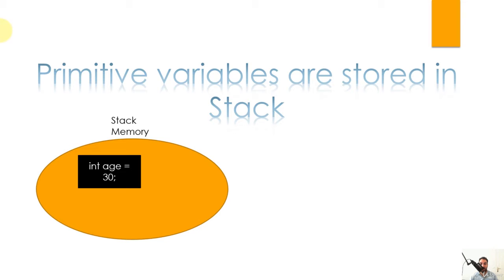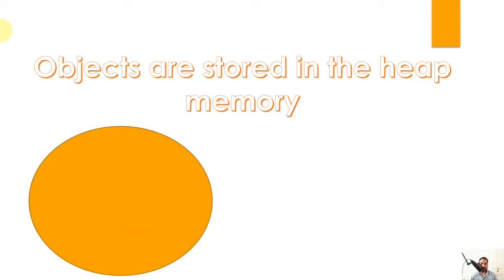So it is directly put in the stack memory and we have the value there also. Whenever you create a variable of a primitive data type, such as int or float, it is going to be stored in the stack memory with its value. Now, let me tell you that objects are stored in the heap memory.